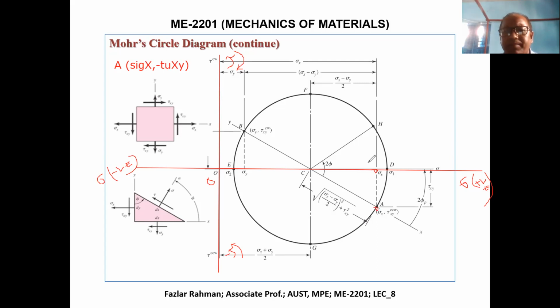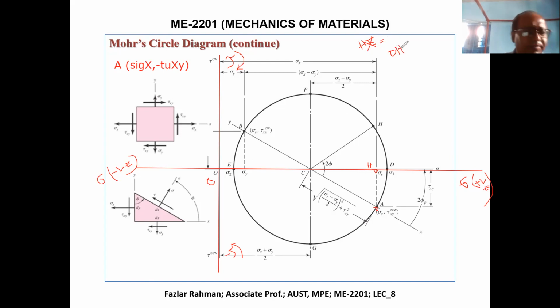So I'm saying, say this point is A. Okay. Now anyone can tell me what will be the value of OC? Not OC, I'm making a mistake. OC is equal to how much?